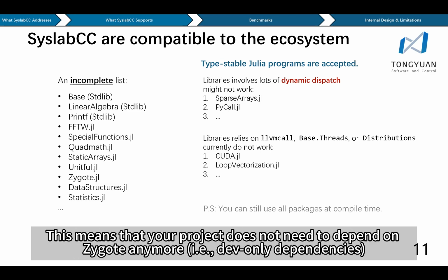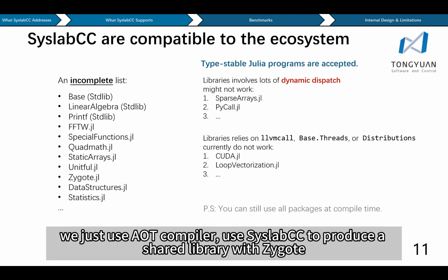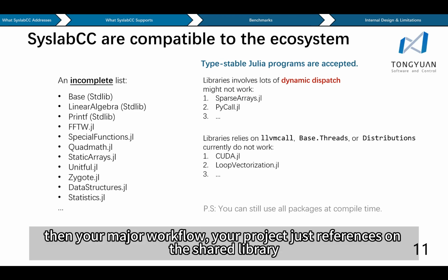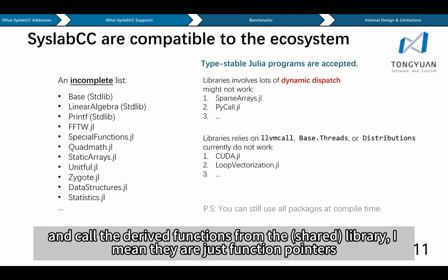This means that your project does not need to depend on Zygote anymore. You just use SyslabCC to produce a shared library with Zygote, and then your main project just references the shared library and calls the gradient functions from it.